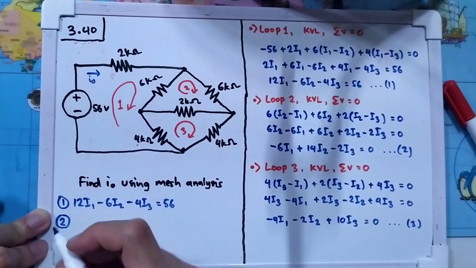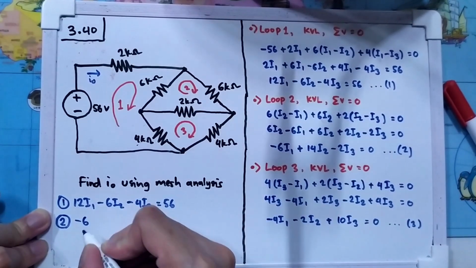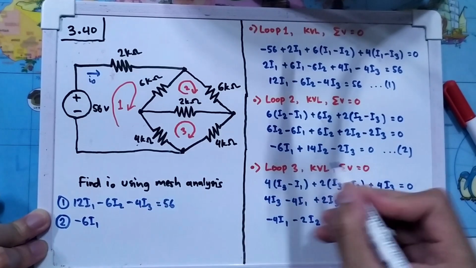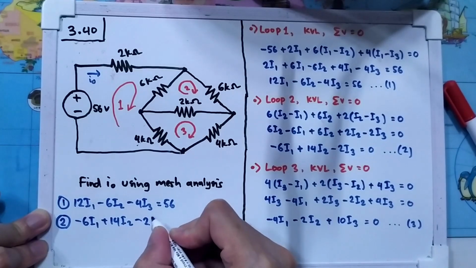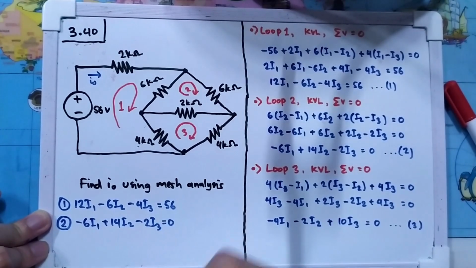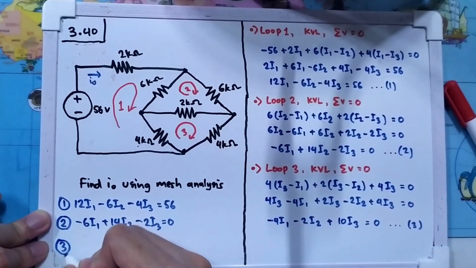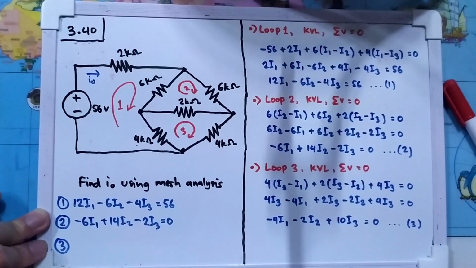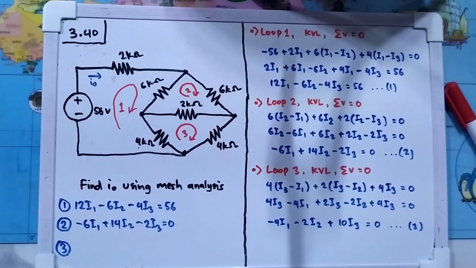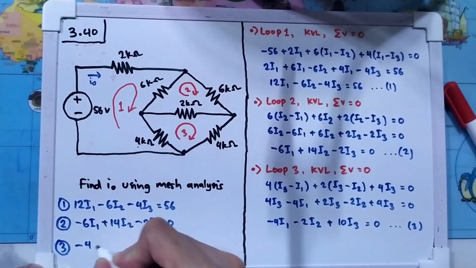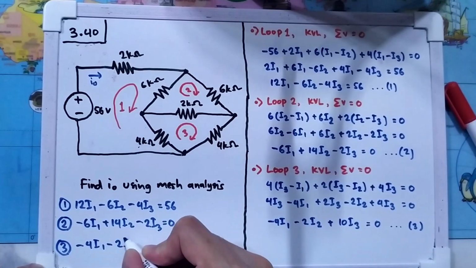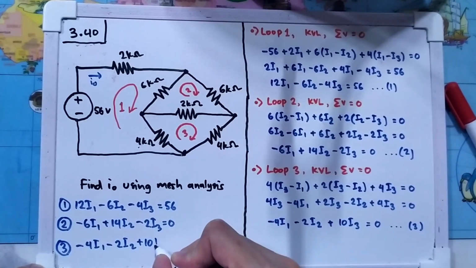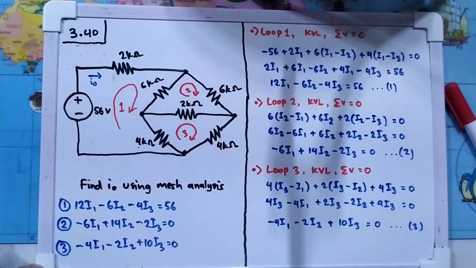And equation number 2, it is minus 6I1 plus 14I2 minus 2I3 is equal to 0. And for equation number 3, it is minus 4I1 minus 2I2 plus 10I3, it's equal to 0.